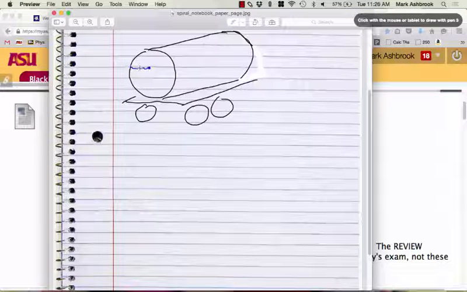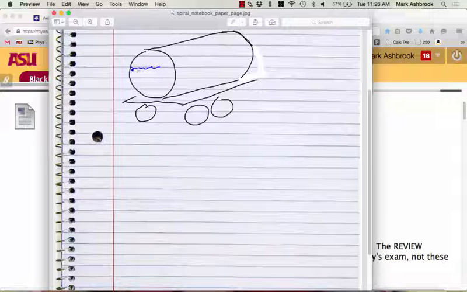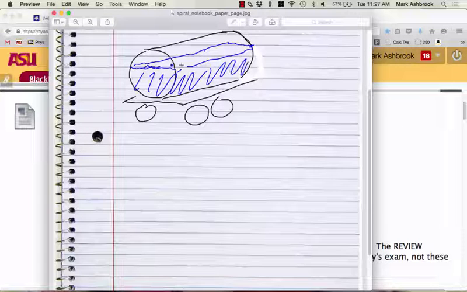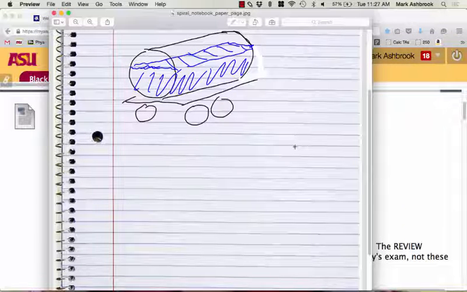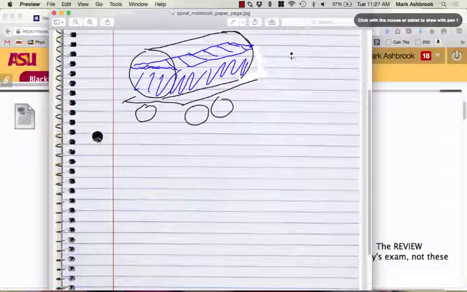This is the back of the truck, right? It's filled 3/4 with gasoline, and the diameter of the tank is, what's the diameter of the tank? 12 feet.